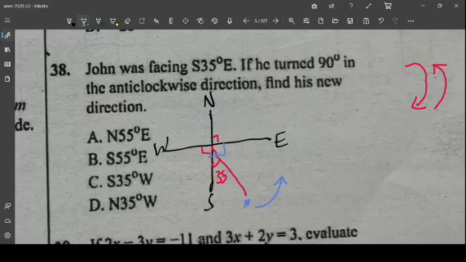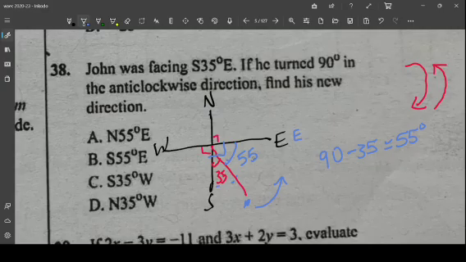Now, remember, like I said, we have a total of 90 degrees here. So if he is already 35 degrees away from the south, what's remaining to get to the east is just 90 minus 35 degrees. That gives you 55 degrees. So what's remaining here for him is 55 degrees out of the 90 degrees we are told he moved.